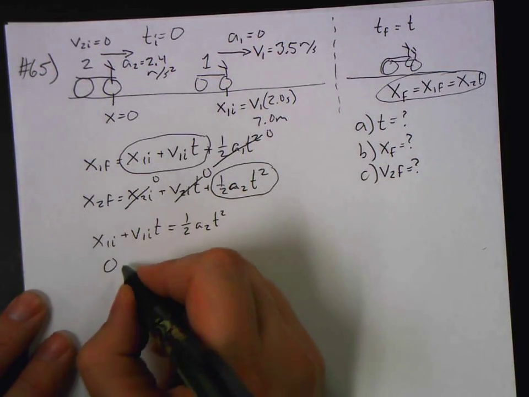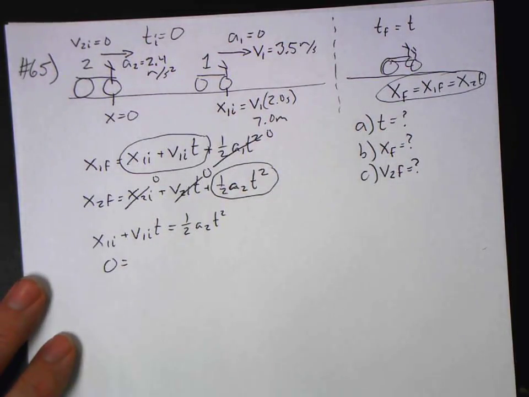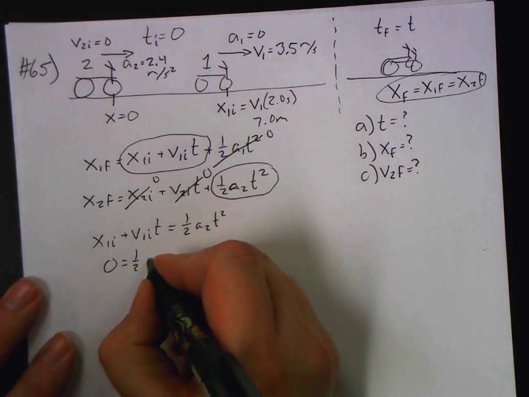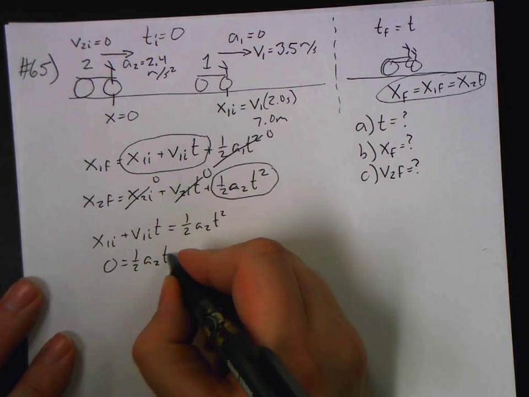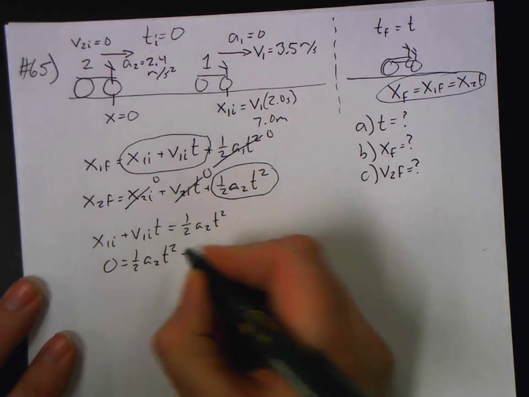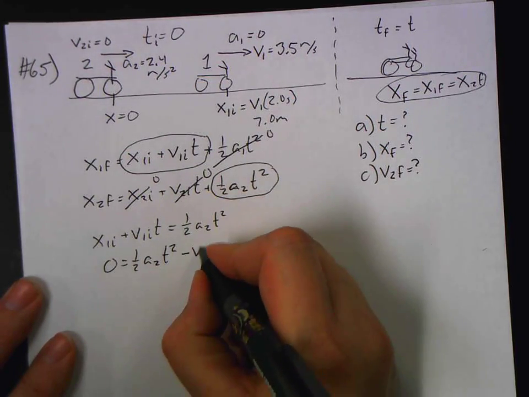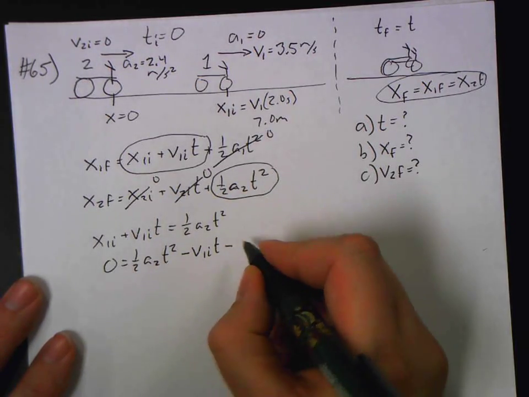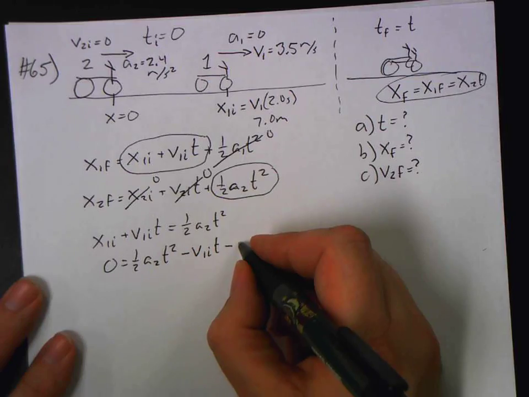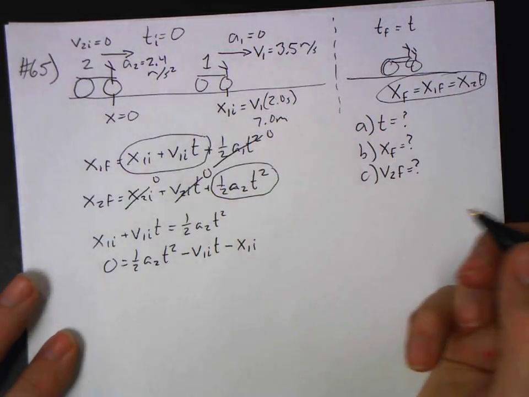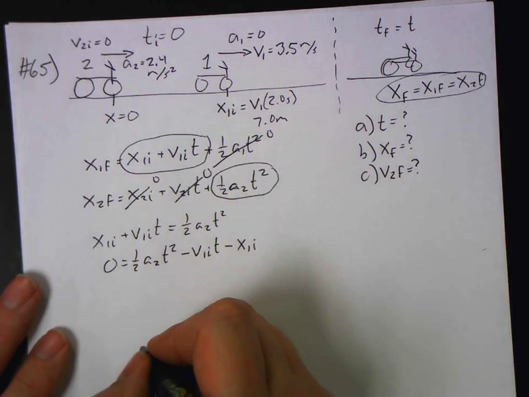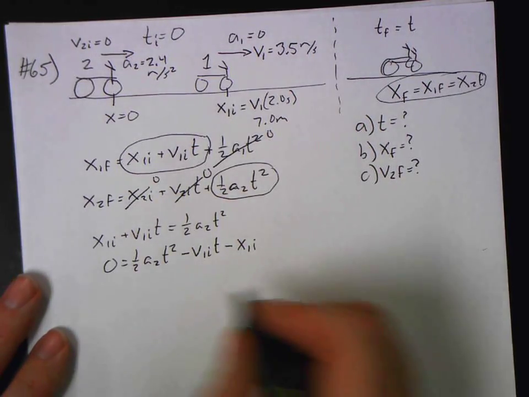Rearrange this so it looks like something we can put into a quadratic equation. 0 is equal to 1/2 acceleration 2 times the time squared, minus, because I have to bring it to the other side, v1 initial times time, minus, because it also came to the other side, x1 initial. Let's get some numbers in here so that we can figure out what A, B, and C were.